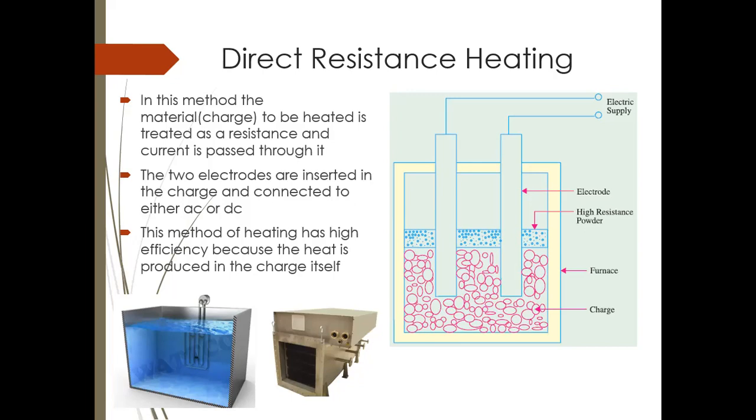Heat is produced when current passes through it, and this method has high efficiency because the heat is produced in the jar itself. Losses are very minimal, so the efficiency is increased by using this direct resistance heating method.